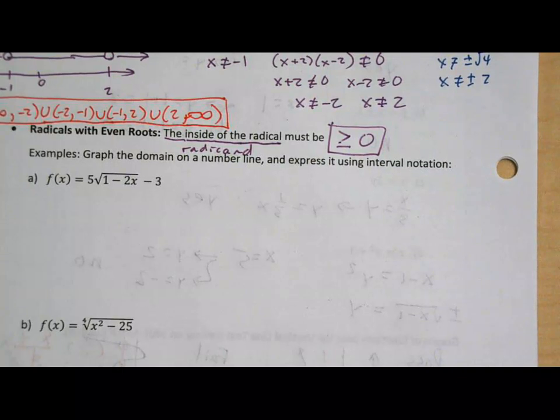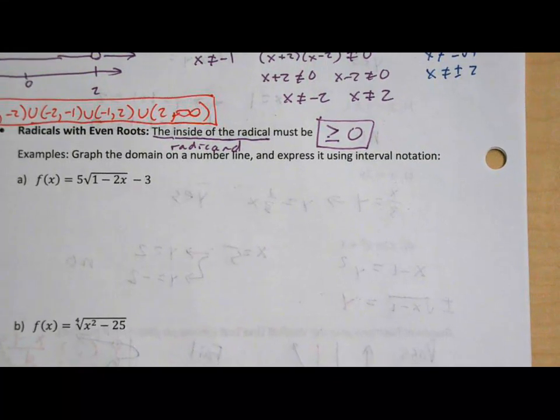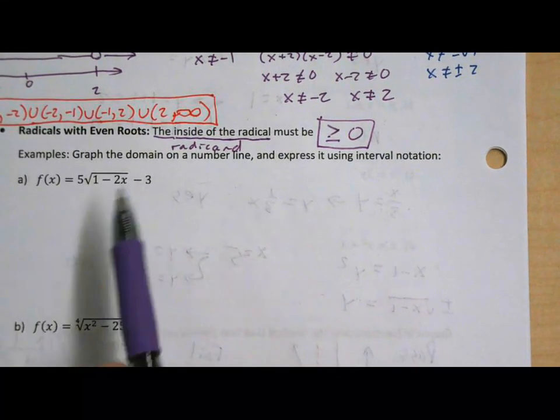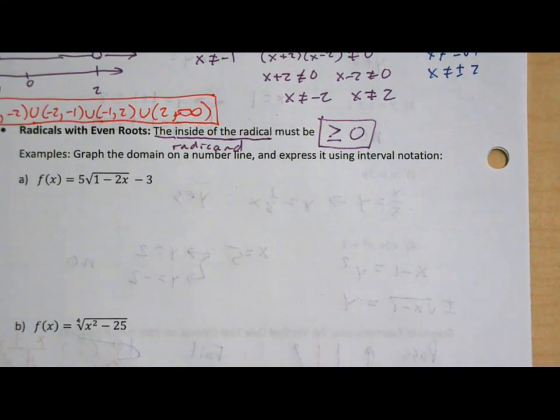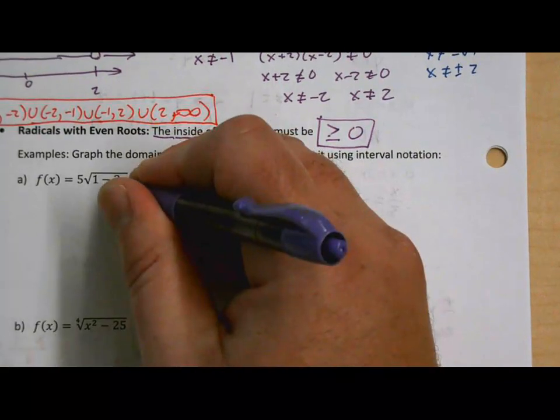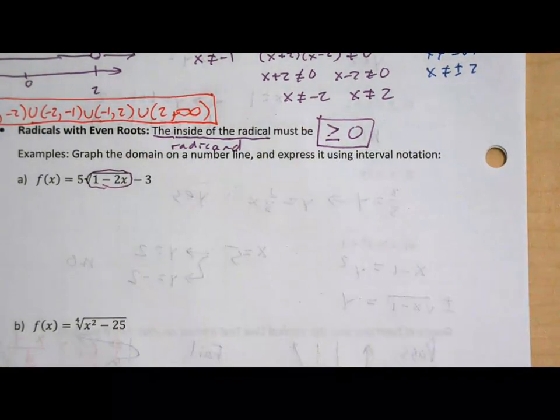All right, so let's do an example here. I look at this and I don't see any fractions, but my eyes go to this radical here. We're going to have to deal with some restrictions because I have some x's inside here. We need to ensure that this thing's not going to break the function. So what's our restriction?